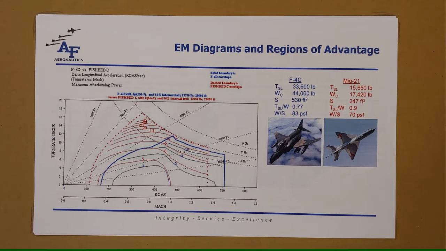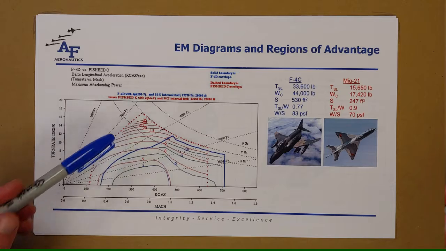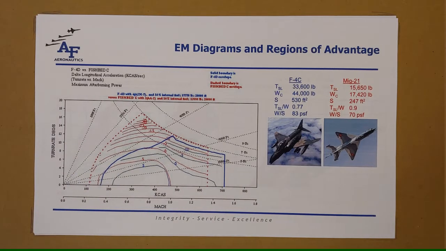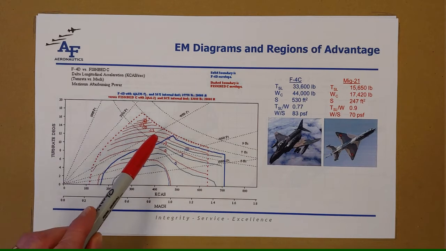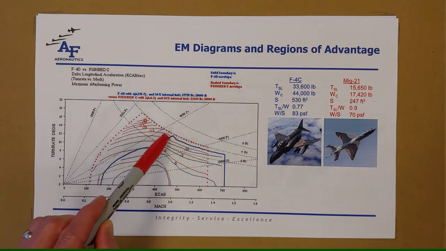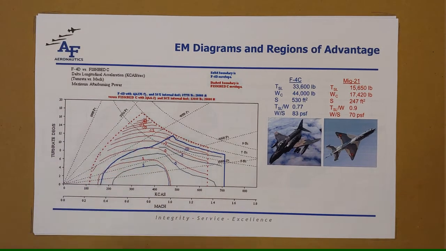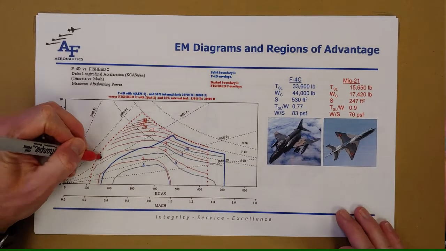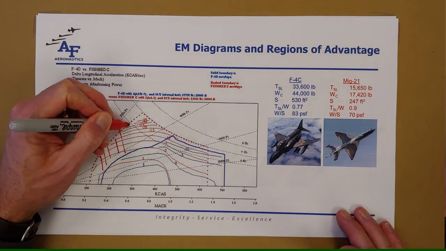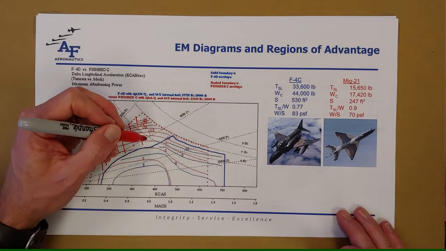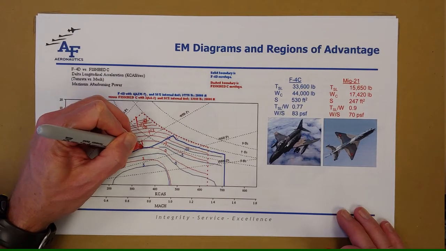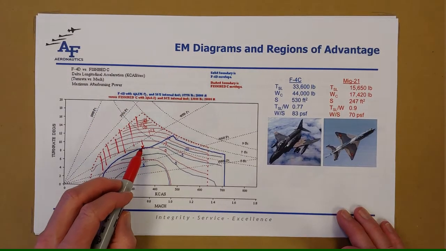And we can see the regions in red, which are the MiG-21. So here is a P sub s equals 0 line. Here is the stall limit line for the F4. And so there are whole regions here where the MiG-21 has exclusive advantage. Right here, for example, the MiG-21 is at 0 P sub s.